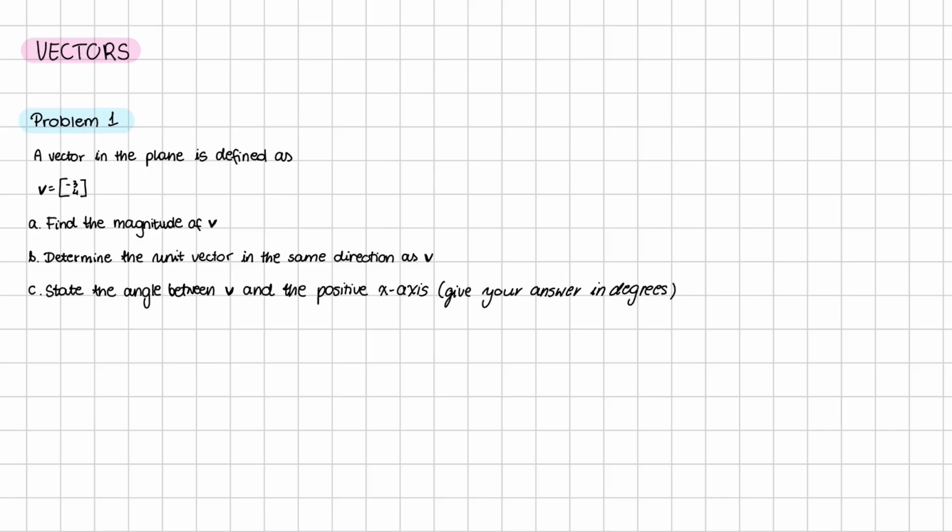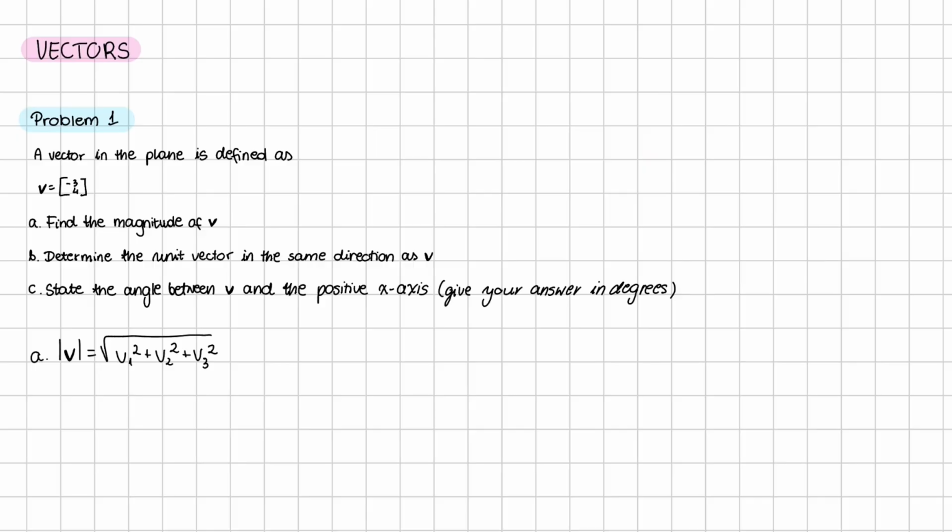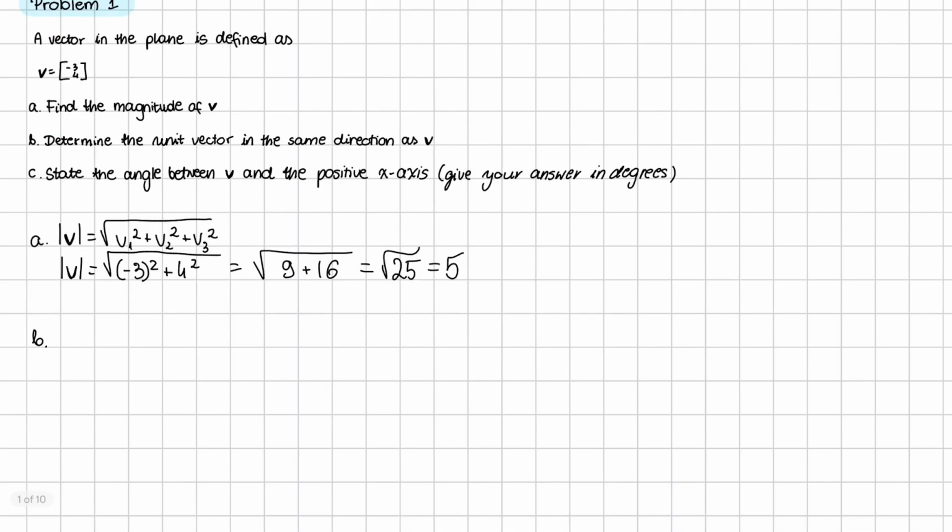Now we can substitute these values: the absolute value of v, using only the two values, negative 3 squared plus 4 squared. This is 9 plus 16, so the square root of 25, which is just 5.